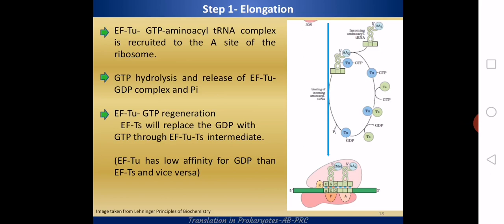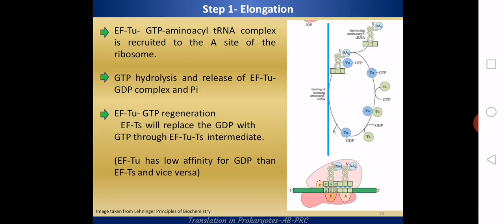Then this GDP will be phosphorylated to form GTP, but this GTP has higher affinity towards EF-Tu. Then this GTP will be transferred to EF-Tu to form the EF-Tu GTP. Then this EF-Tu GTP will be recycled for the third amino acid tRNA to recruit into the A site further.